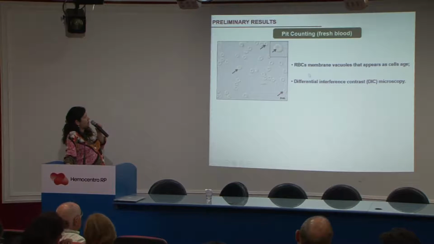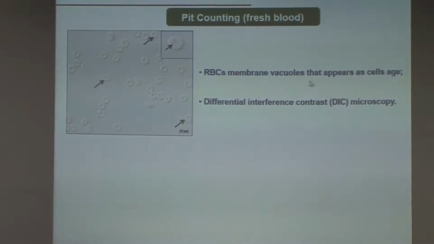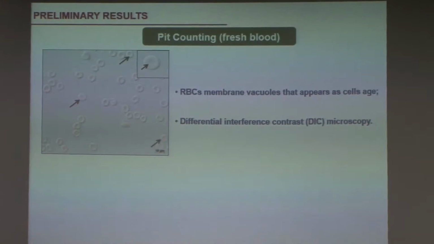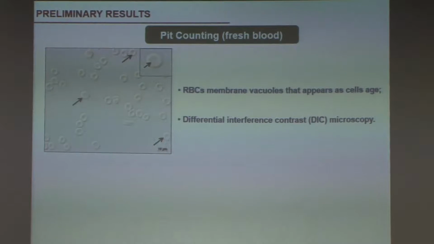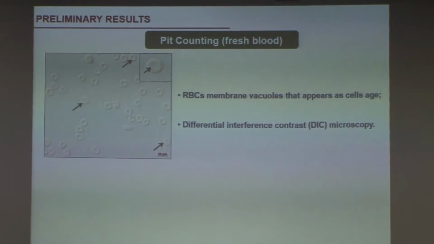Pit counting is the visualization of red blood cell membrane vacuoles that appear as cells age. So once red blood cells, for instance, have any damage on the membrane surface, the macrophages from the spleen will try to clean this red cell so it can become normal again to circulate.